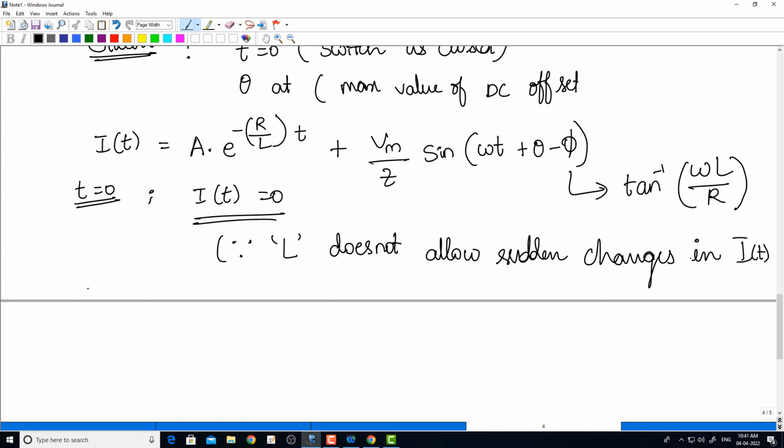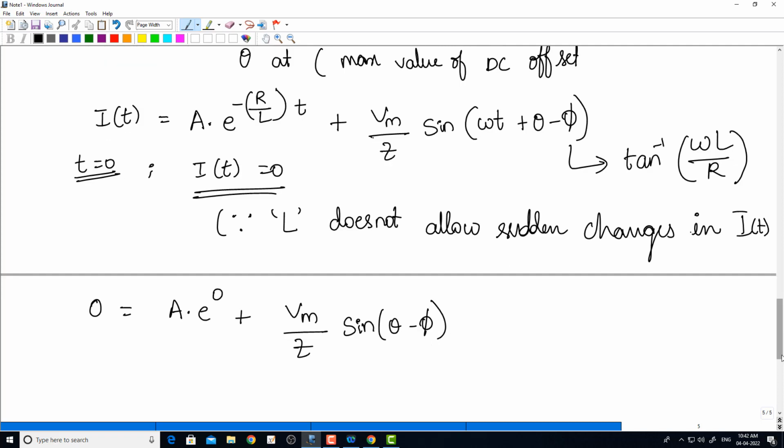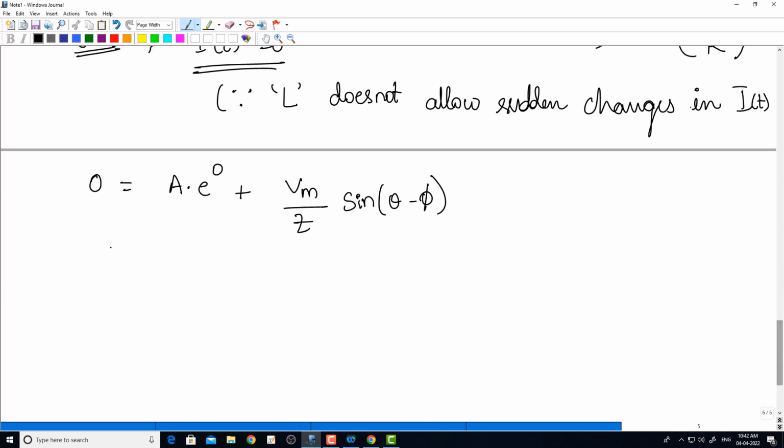So, I of t is 0. So, 0 is equal to A into e to the power of 0 plus Vm by Z into sin theta minus phi. So, A is equal to minus Vm by Z sin theta minus phi.